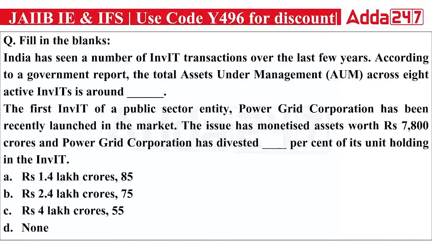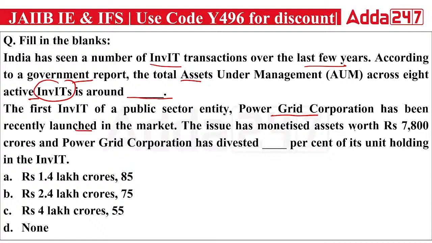Okay, fill in the blank question. India has seen a number of InvIT transactions over the last few years. According to the government report, the total asset under management across 8 active InvITs is around a dash amount. What is the amount that you have to answer? Next is saying the first InvIT of a public sector entity, the Power Grid Corporation.